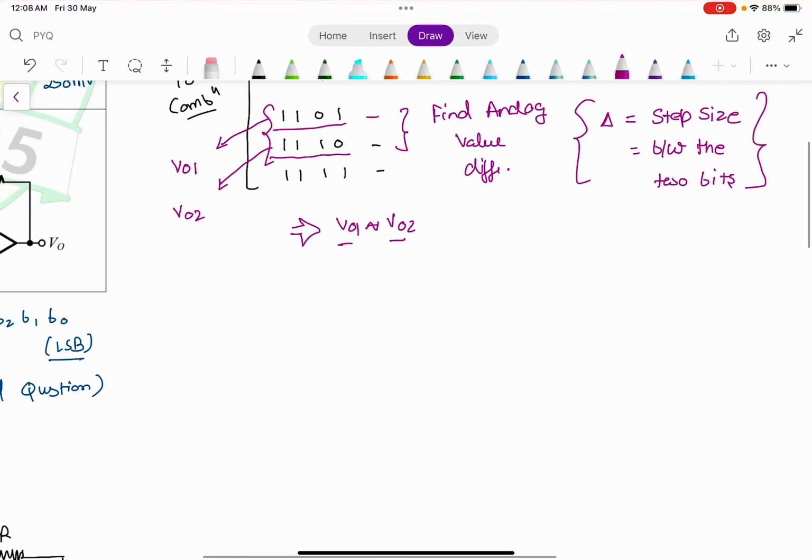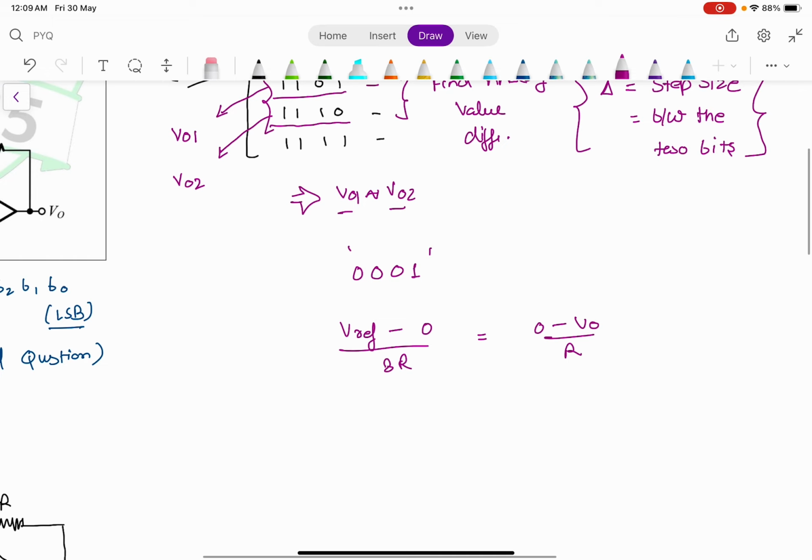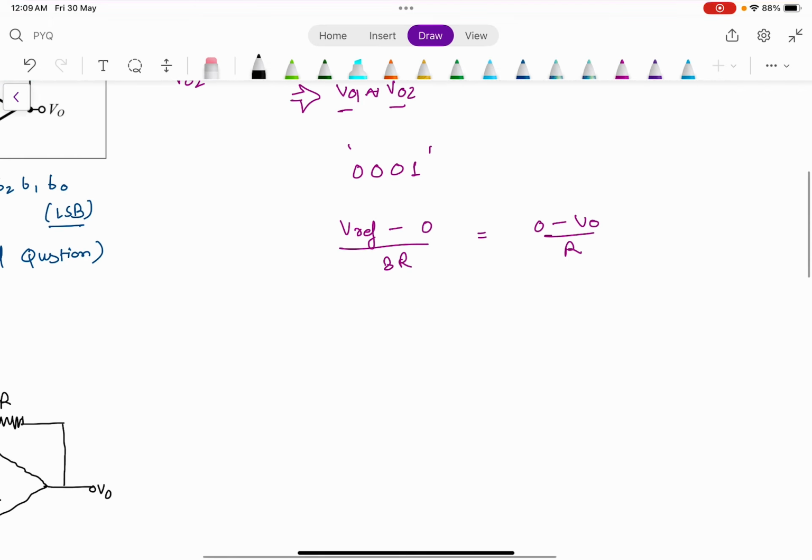So writing down 0001, we can write the KVL as (Vref minus 0) divided by 8R equals (0 minus V0) divided by R. Now solving, R gets cancelled out, Vref is 2, so V0 comes out to be minus 0.25 volt.